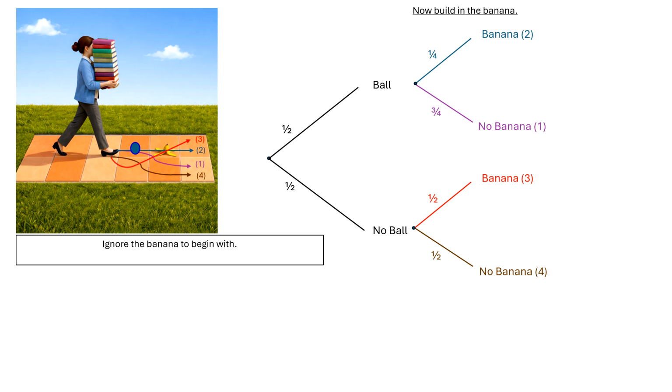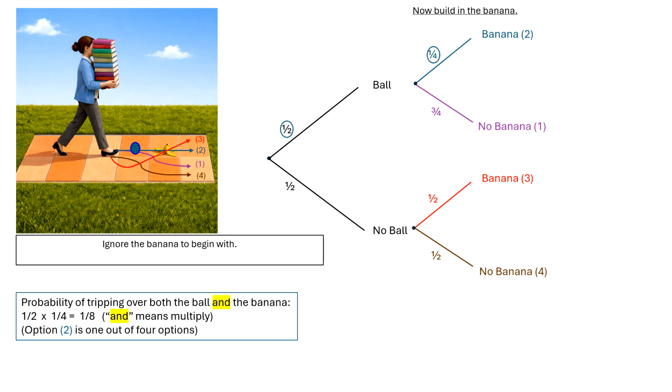We can now work out various things. For instance, let's say we wanted to work out the probability that she trips over the ball and trips over the banana. And when you hear the word "and" in probability, that's when you should think multiply. So the probability she trips over the ball is 1 in 2, but then once she trips over the ball, there's only a 1 in 4 chance of tripping over the banana, because she'd be more careful after tripping over something once.